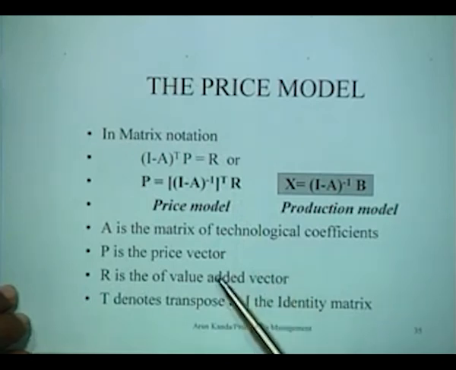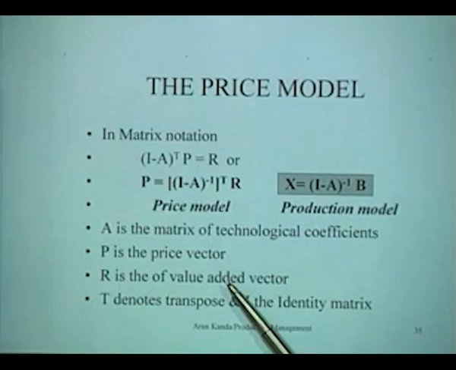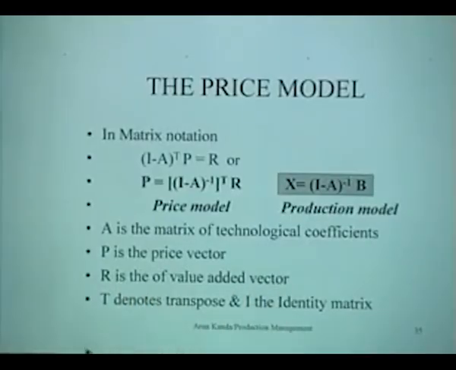You see what can be done, for instance, by the government in planning: they can give more subsidies to certain sections of the economy, which means that they are playing with the value added vector of that sector.